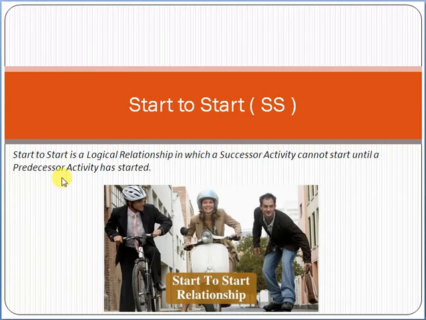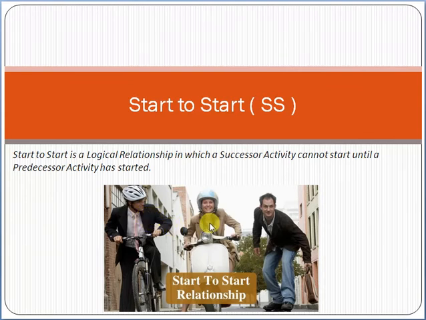That means the predecessor activity will start, and only then the successor activity will start. Are you getting my point? Just see this picture: these three persons will start simultaneously, as if they are looking at each other.